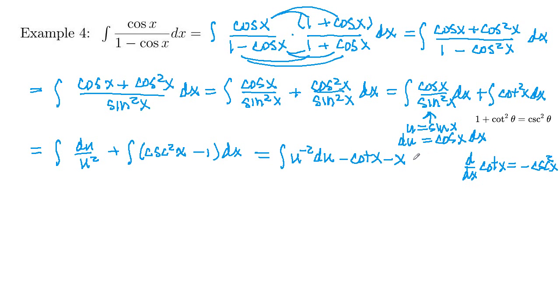And then we'll add our plus c after we've done all the integrating. So then here, add 1 to the exponent, divide by the new exponent. So u to the negative 1, divide by negative 1, minus cotan x, minus x. So this will be negative 1 over u.